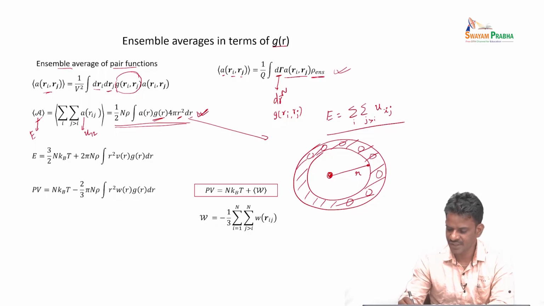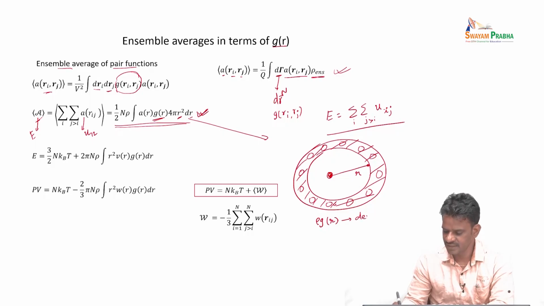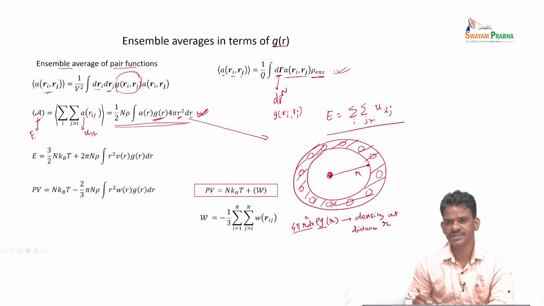We already know this information, because rho times g of r is the density of particles at distance r from a tagged particle. If I multiply this by the volume of the shell, which is 4 pi r square dr, volume times density gives the number of particles in the spherical shell.